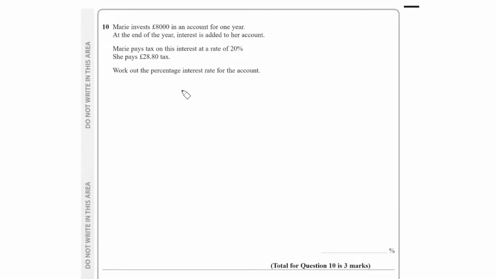So if I know that £28.80 is equal to 20% of my interest, I want to work backwards to find out the interest first of all. So do you see how that would be reverse percentages? I have to divide.